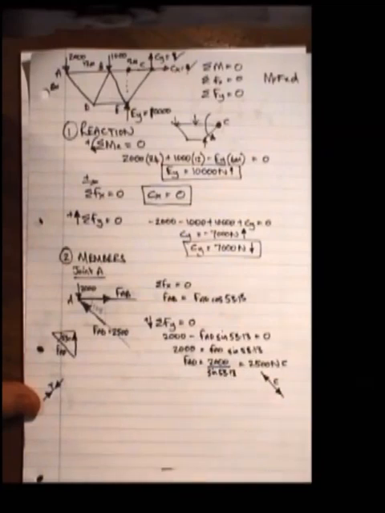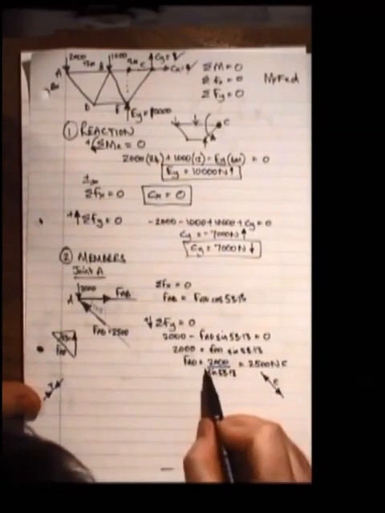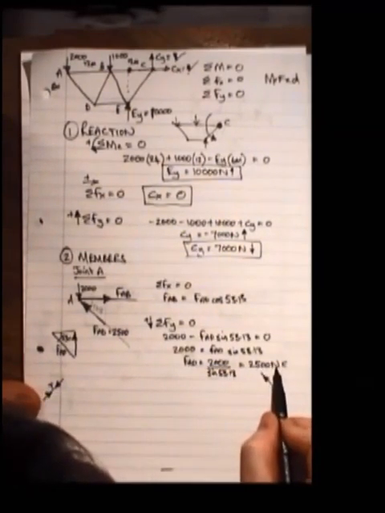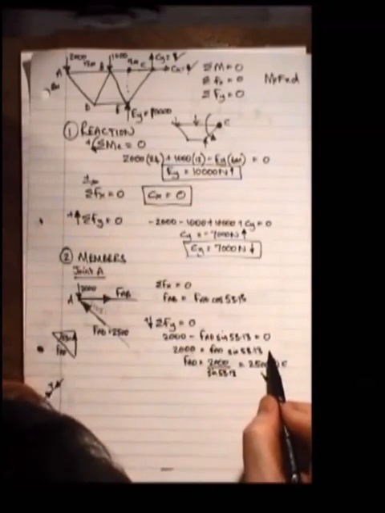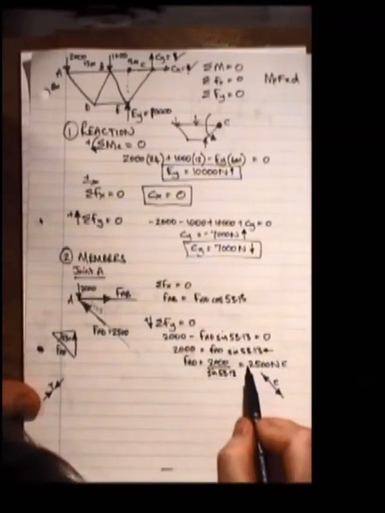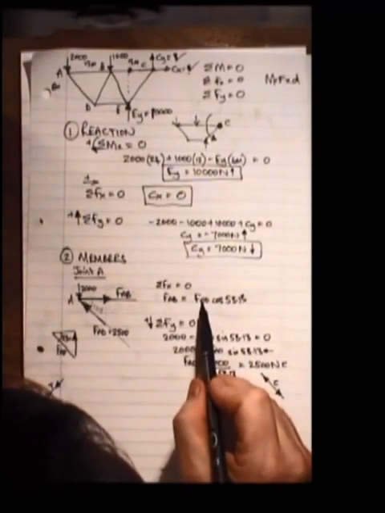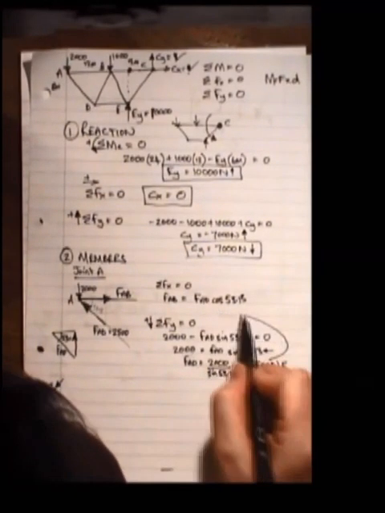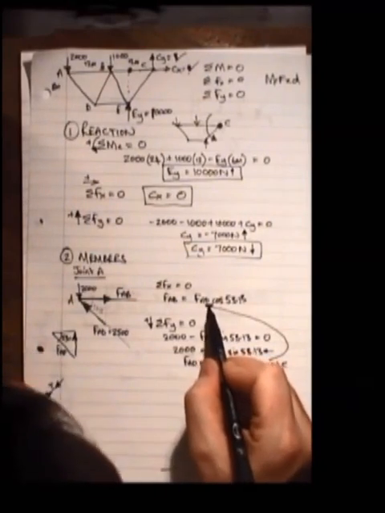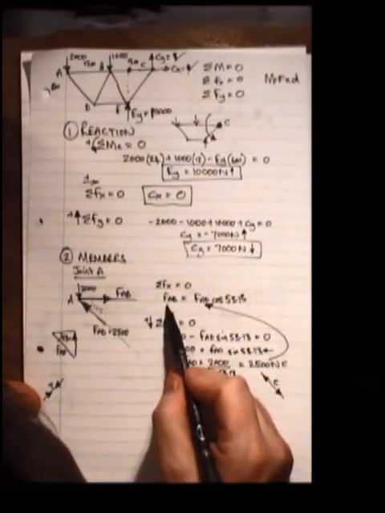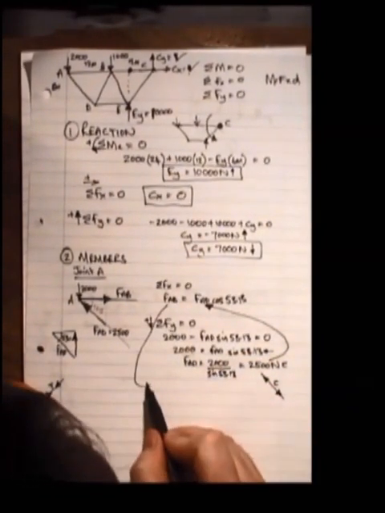Okay, so we've just worked out what FAD is. So FAD is 2500, worked out from this equation here. If I put FAD into there, I can work out what FAB is.